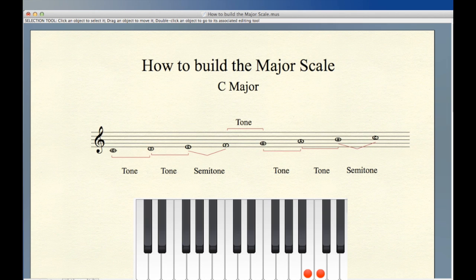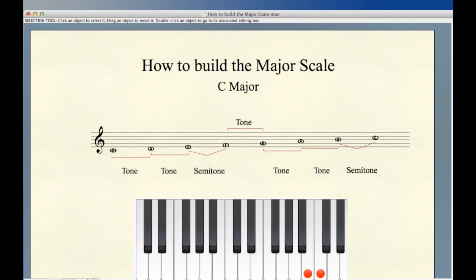The really interesting thing to note about what we've got here is that we have a pattern emerging. We have tone, tone, semitone, and then in the middle of the scale there's a tone that separates the two halves of the scale, and then the second half of the scale, tone, tone, semitone. So we actually have a repeated pattern there. Tone, tone, semitone, tone in the middle, and then tone, tone, semitone above that. All major scales have this pattern.